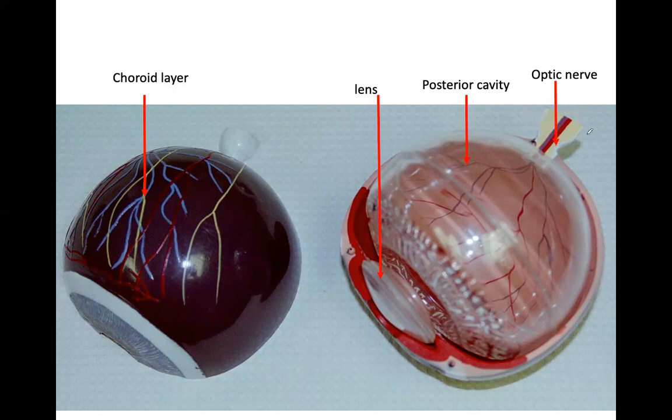Coming out of the back of the eye, you have your optic nerve, which we also talked about in terms of your brain. This is the one that comes out of the back of the eye and eventually ends in the occipital lobe. You have a shiny, clear structure on the anterior aspect of the eye, which is your lens, which allows you to focus on objects.